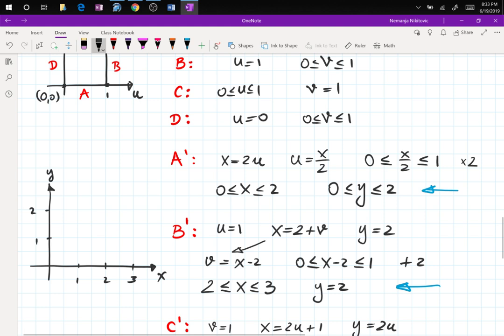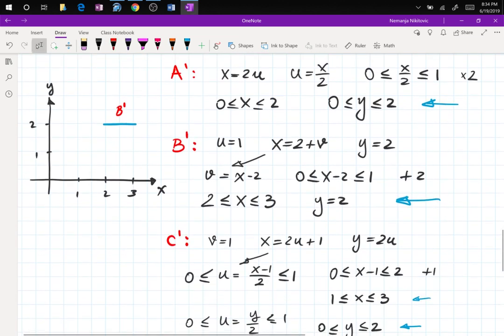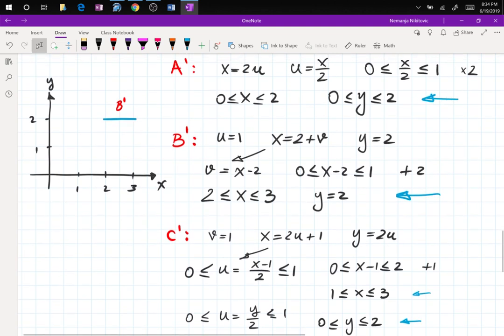Let's do B prime then. So what's the B prime? B prime is y is always 2, and then we go from 2 to 3. All right, so B prime was easy. At least that. C prime, we have 1 less than x less than 3 and 0. Holy nightmare, that's another bad one.